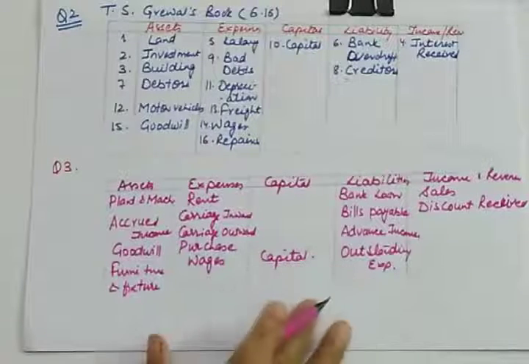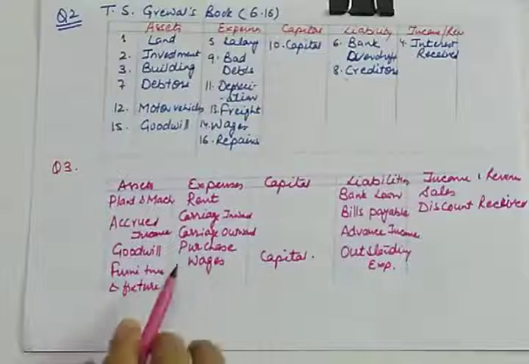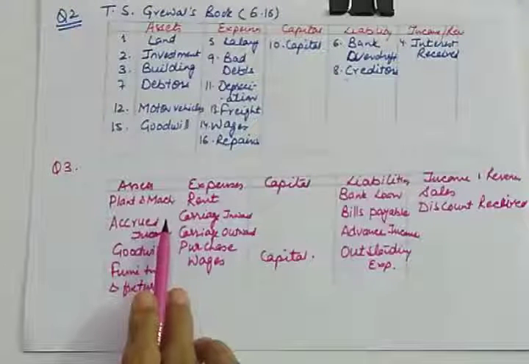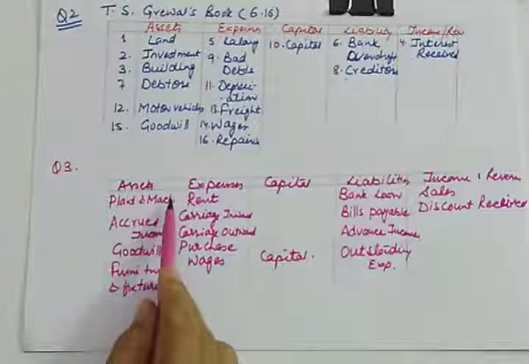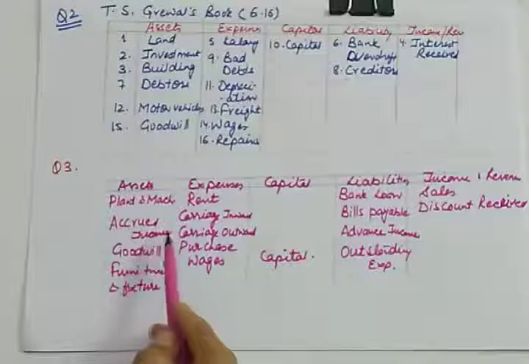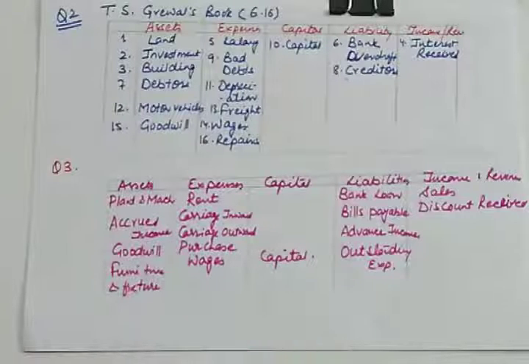So now we have categorized the items. If they ask what is the rule for increase in asset, we'll say that these are the assets and the rule is debit the increase. For that you must know whether these items are assets, liabilities, capital, or whatever.